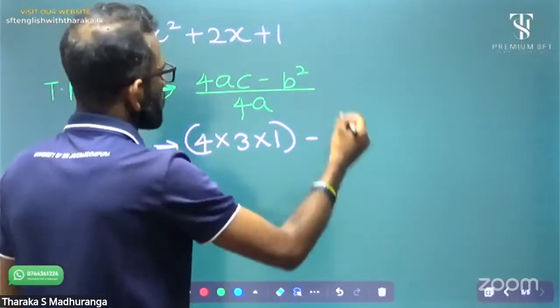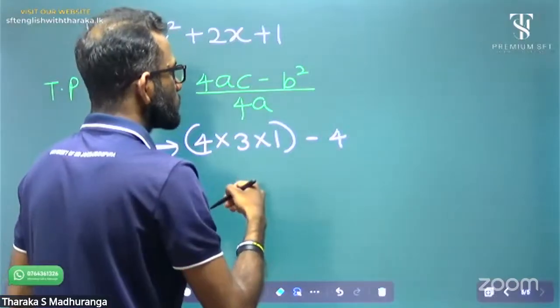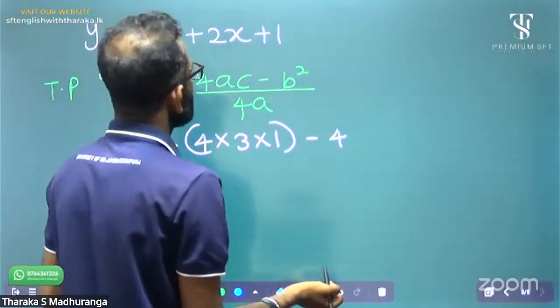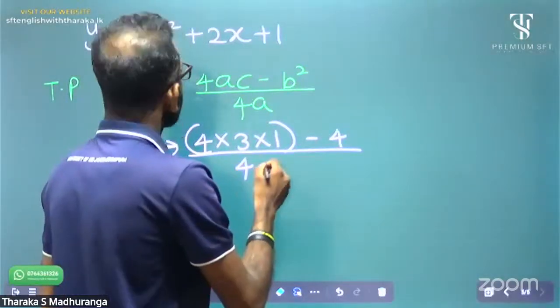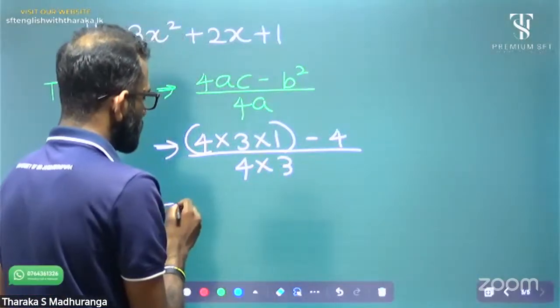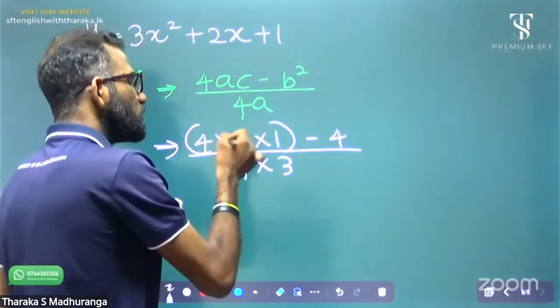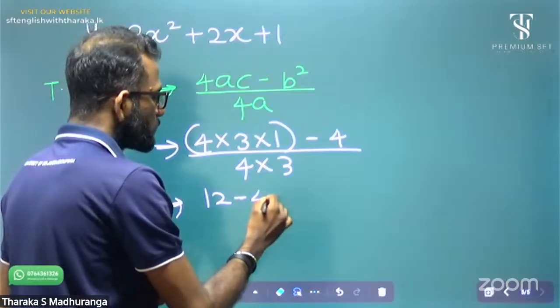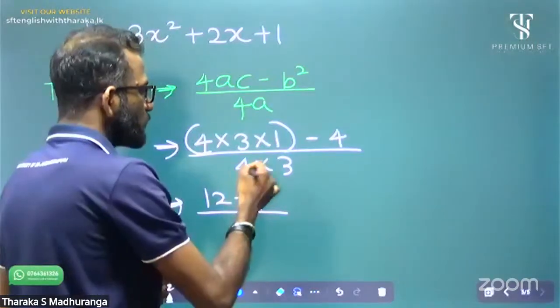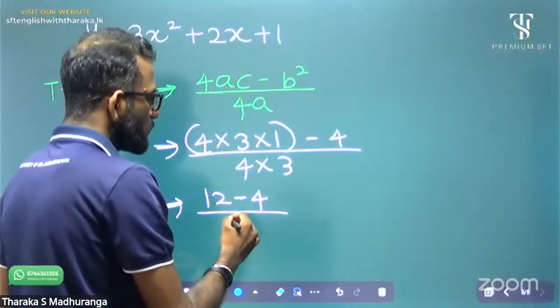Minus b squared: b squared means 2 squared, 4. Divide by 4 into a, which is 3. 4 into 3 is 12, 12 into 1 is 12, minus 4.